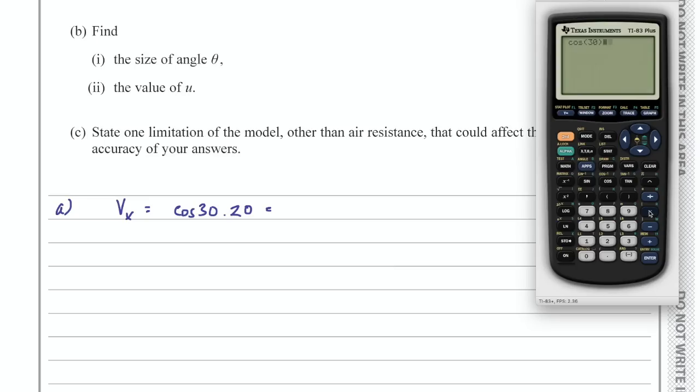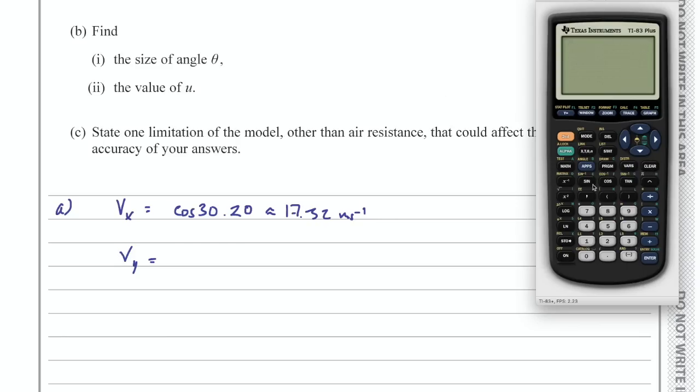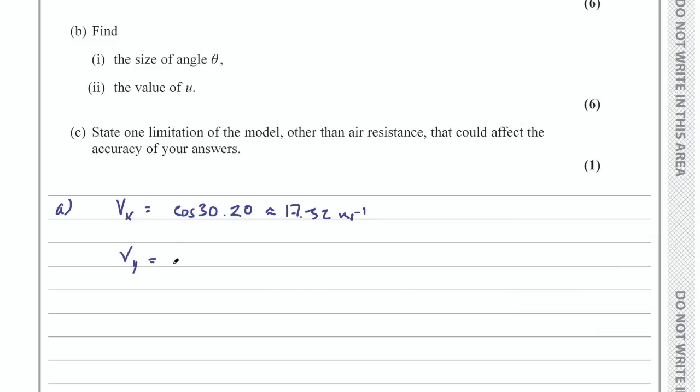Cosine of 30 multiplied by 20 gives me approximately 17.32 meters per second for the horizontal velocity. Then for the vertical aspect, I can do sine of 30 times 20. I get 10, because sine of 30 is a half.